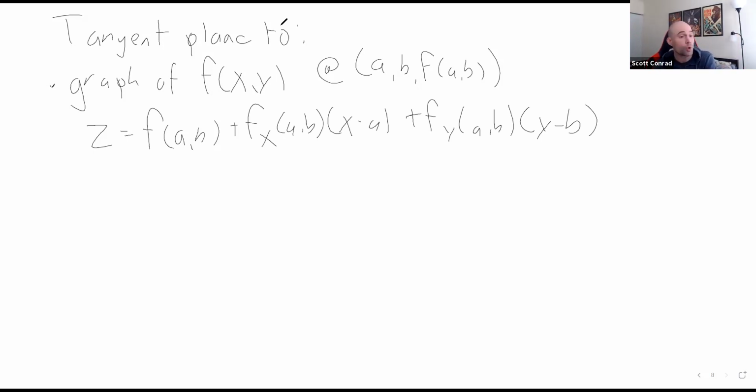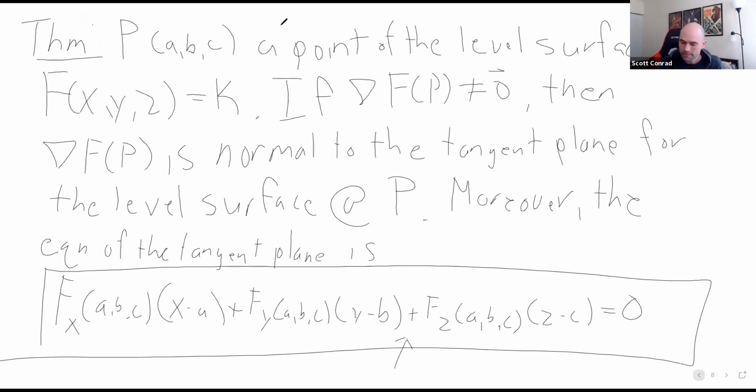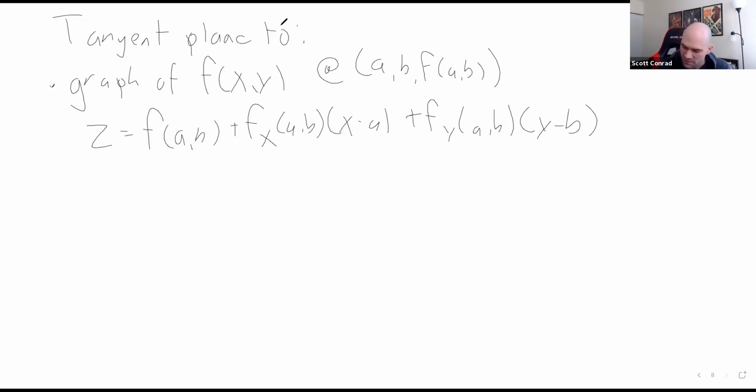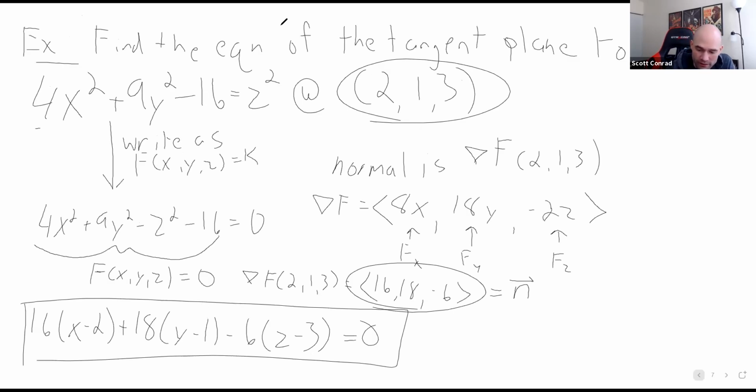This one is actually more general, that we just learned. So for instance, the thing we just did, we cannot write this as the graph of a function of two variables, because in order to do that, we would need to write it as z equals a function of x and y. So we need to be able to get z by itself. If we wanted to do that, we'd have to do z is equal to plus or minus the square root of the stuff on the left-hand side.